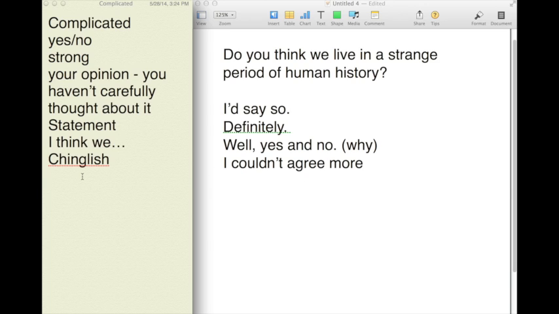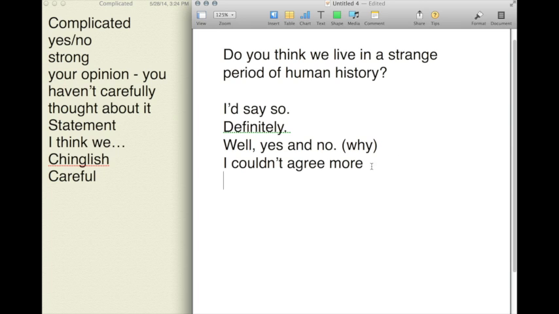Now, you can do it sometimes, but just be careful about doing it too much. If you use this, I couldn't agree more, all the time, people will know you don't really know how to use this. Okay, so saying the same thing in every situation where you agree is really not very good.